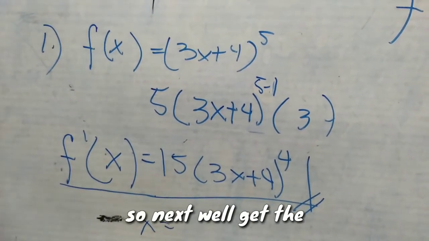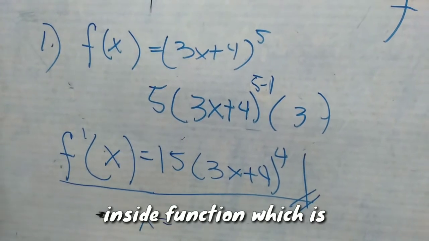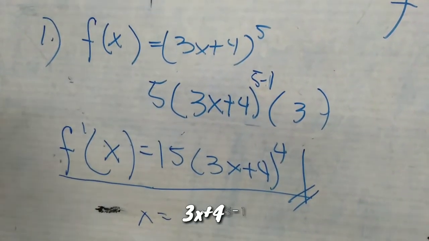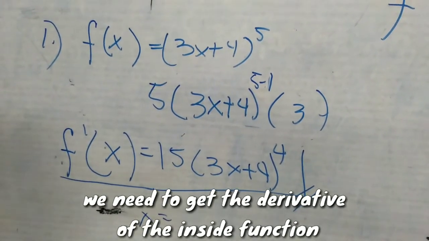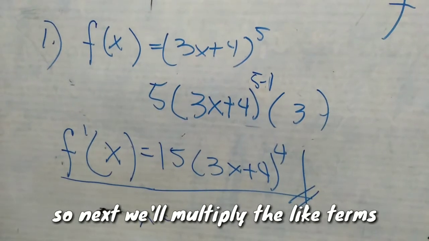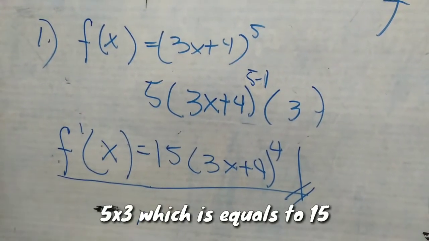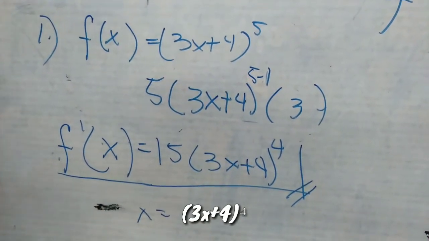Next, we'll copy the inside function, which is 3x plus 4 to the power of 5 minus 1. Then next, we need to get the derivative of the inside function, which is 3. So next, we will multiply the like terms, which is 5 times 3 equals 15, to the quantity of 3x plus 4 to the power of 4.